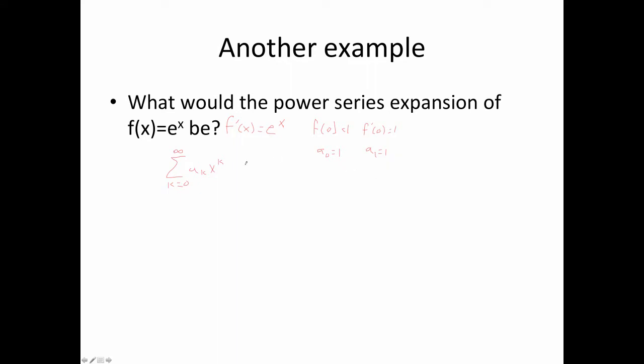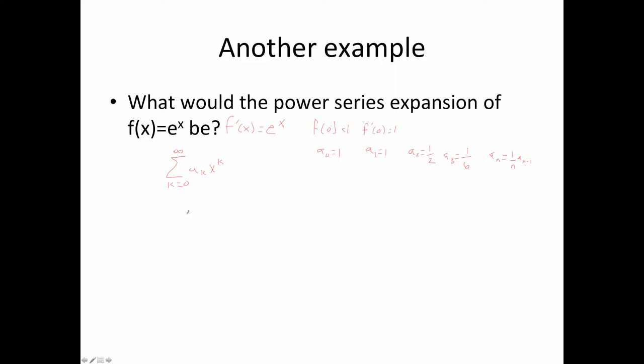Now, a2 is multiplied by x squared, so when we take its derivative twice, we get that a2 needs to be a half, and a3 needed to be 1/3 of a half, which is 1/6. And in general, a sub n is 1 over n times a sub n minus 1.